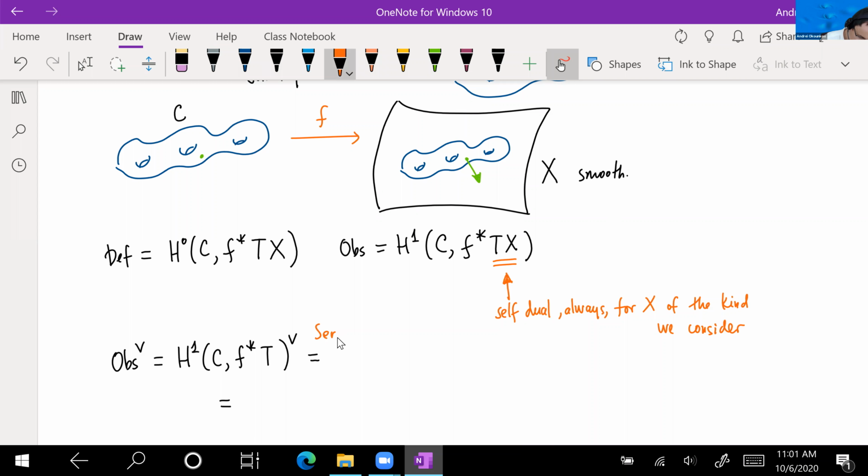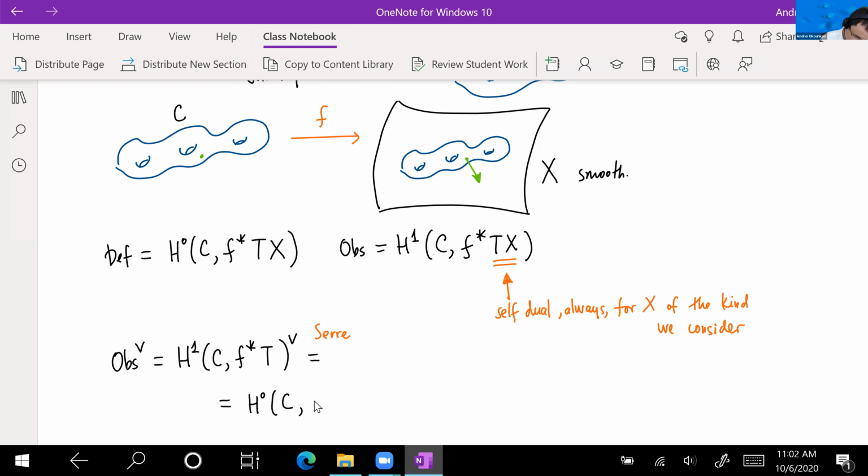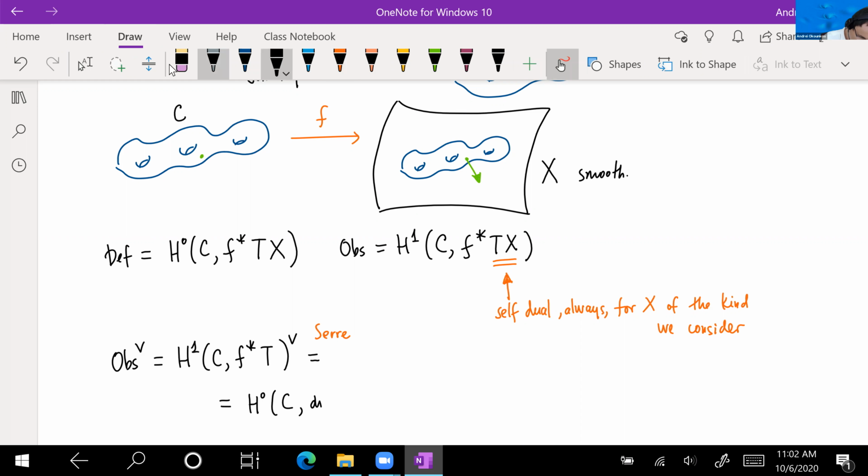This is by Serre. Serre says that this would be H^0 of, you take the dual bundle, but that is the same. Take the dual. And that dual you can remove, as I said, because the bundle is self-dual, but then you have to take the canonical.